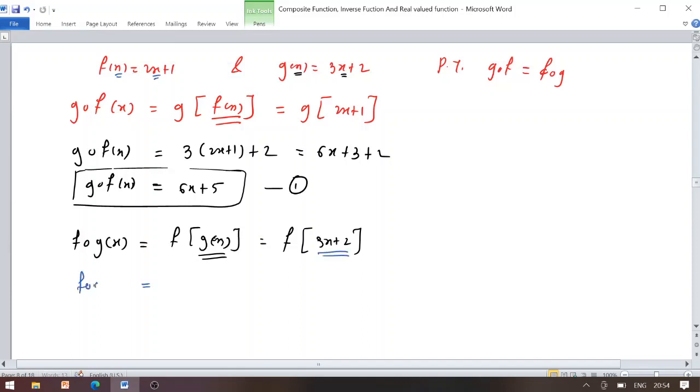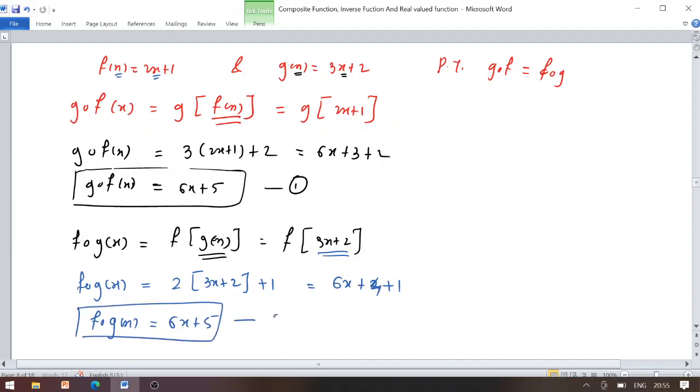We get f composition g of x becomes 2 times (3x + 2) plus 1. Distribute 2 over the bracket, we get 3 2s are 6x plus 2 2s are 4, keep in mind, plus 1. So 4 plus 1 becomes 5, and f composition g of x is 6x plus 5. Call this equation 2.